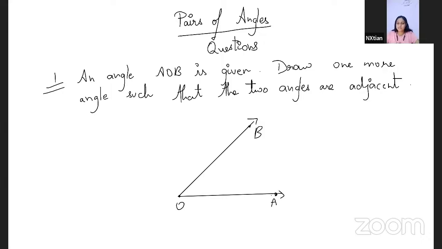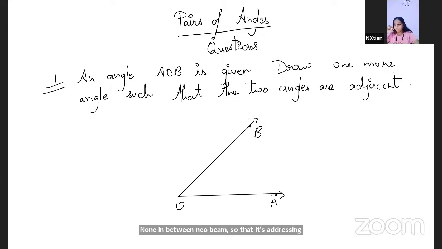Done, ma'am. Okay. Erickson, Abraham. Done. Yes, I'm done. Okay. So can you guys tell me how have you made an adjacent angle? Ma'am, in between AOB, so that it's adjacent and shares a common vertex and ray.